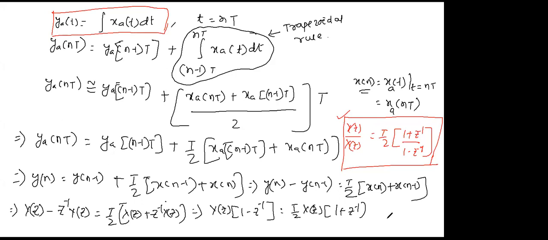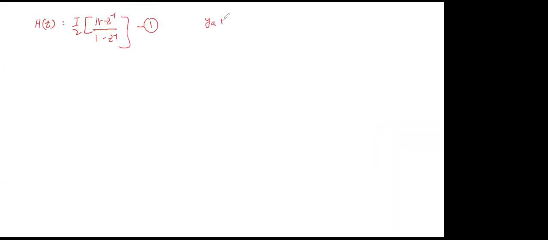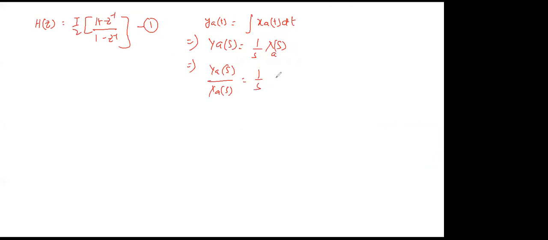Now the same thing. Take this analog integrator: y of t equals the integration of x of t dt. If you take the Laplace transform both sides, then what will we get? It is Y_a(s) equals 1 by s times X_a(s). Then Y_a(s) divided by X_a(s) equals 1 by s.